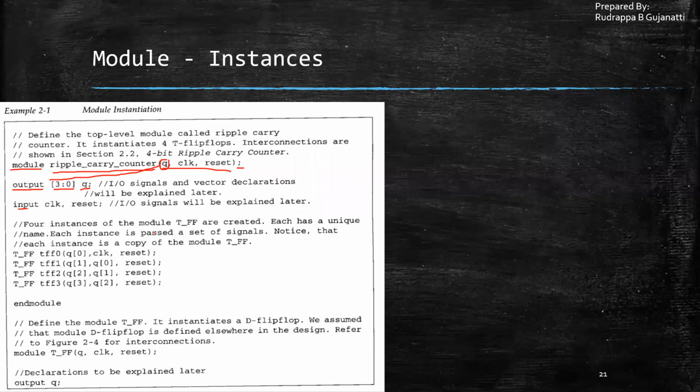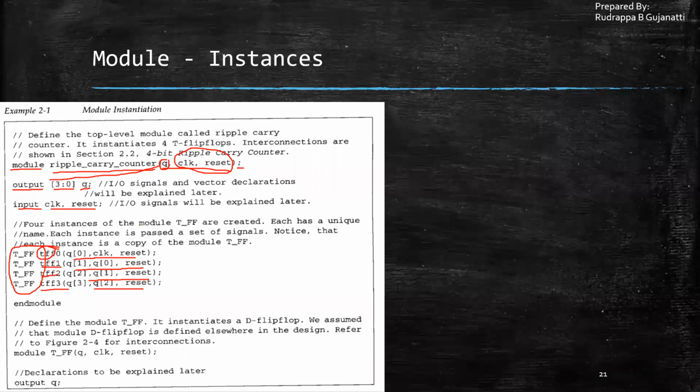Now here you can observe what is important for us. We can see that we have created 4 instances of the module T flip-flop. What this implies is that the T flip-flop is already defined, and we'll see that also in the coming slide. Here you can see that 4 different instances are created, that is TFF0, TFF1, 2 and 3.